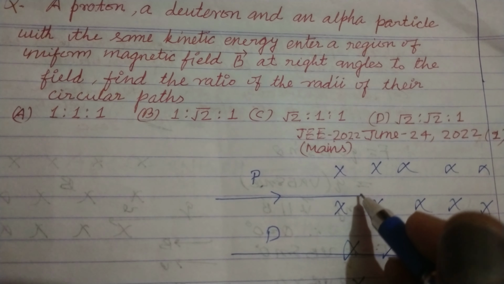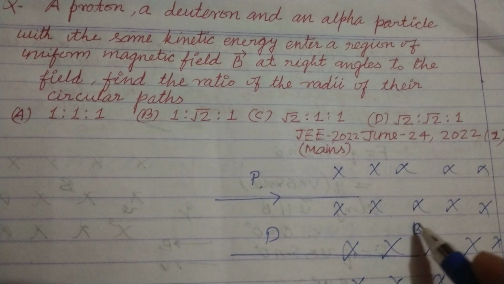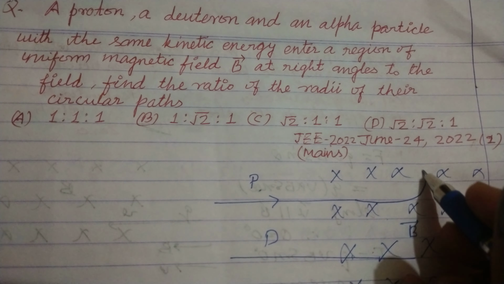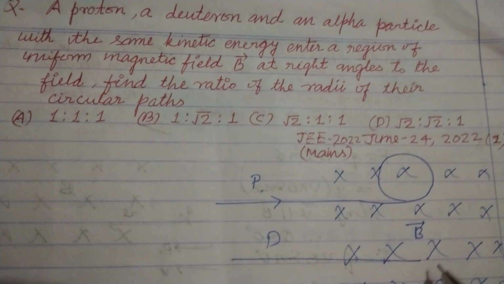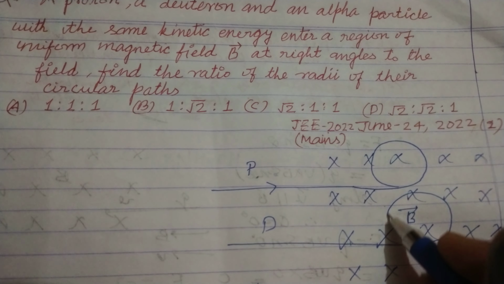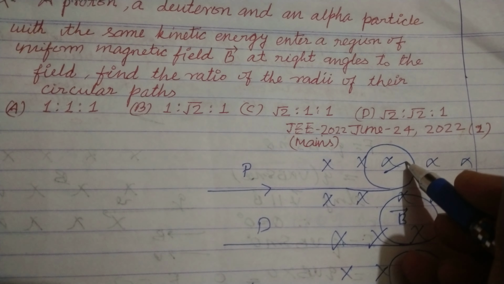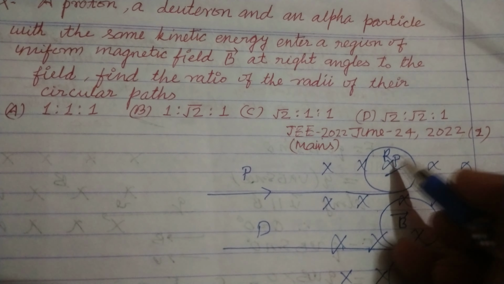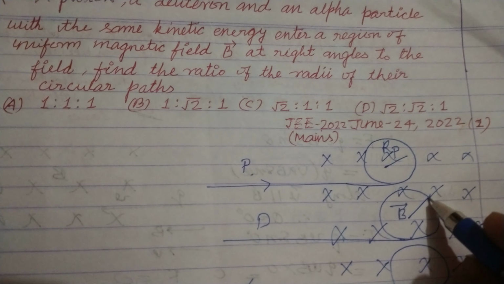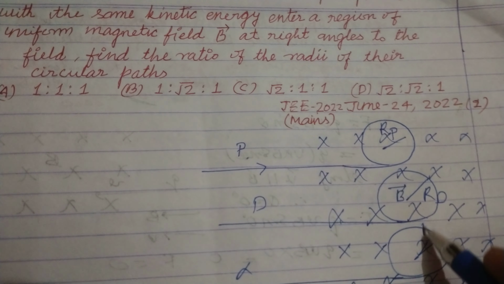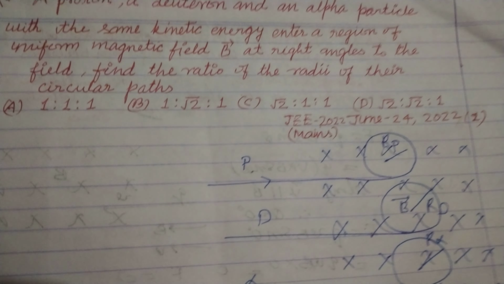The particles entering the magnetic field B at right angle attain a circular path. Let their radii be Rp, the radius of proton, Rd, the radius of deuteron, and R alpha, the radius of alpha particle.